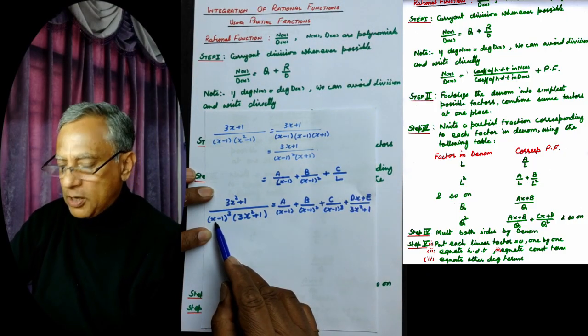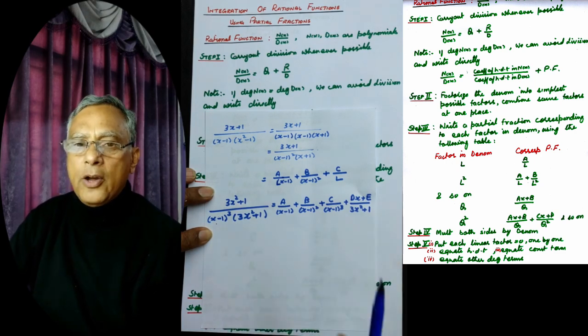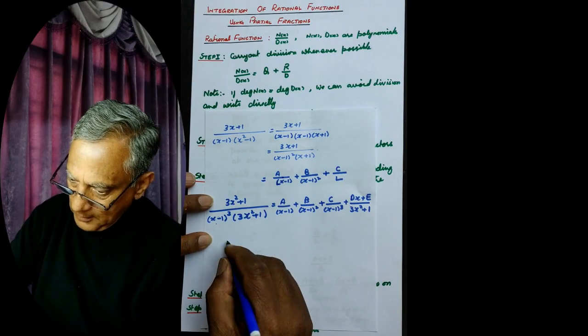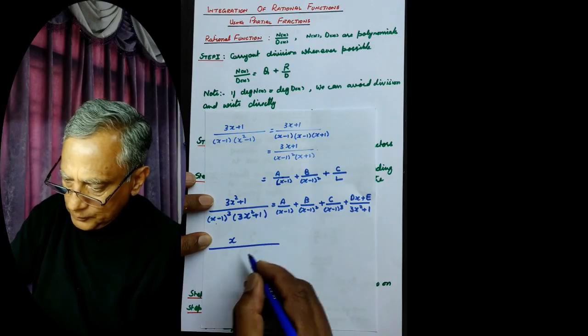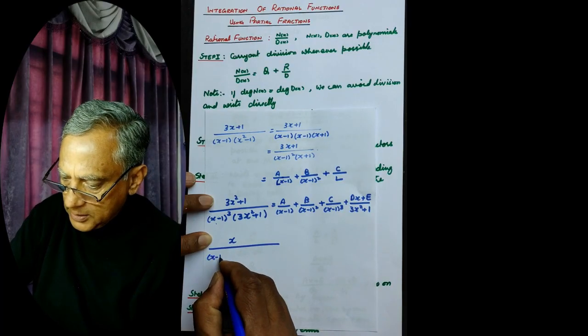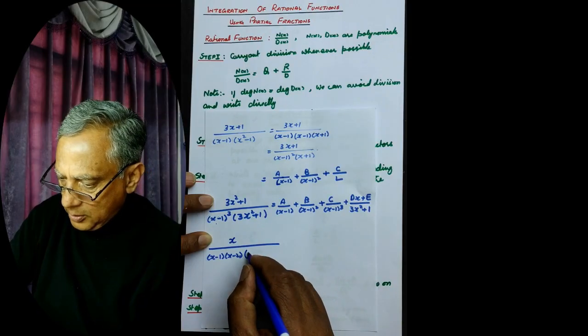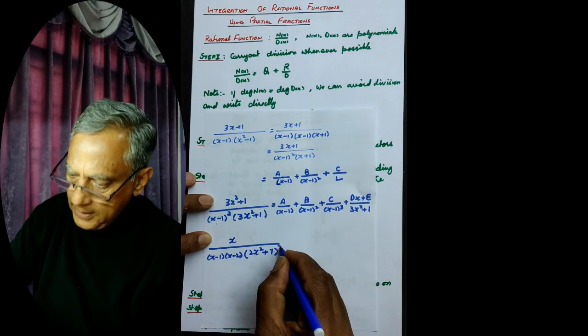Write a partial fraction corresponding to each factor in the denominator. Another example, say x over x minus 1 into x minus 2 into 2x square plus 7 whole square.